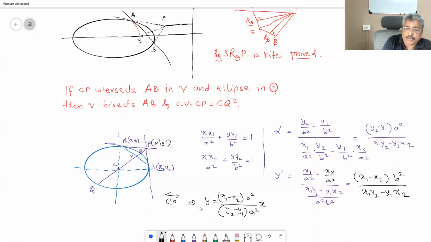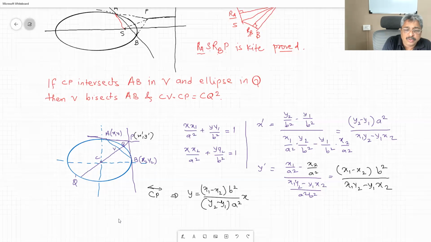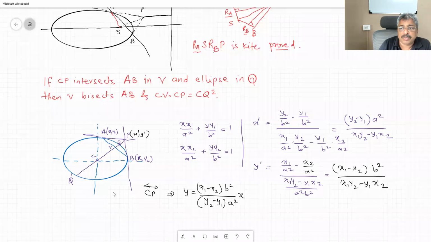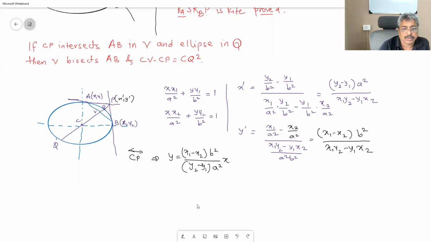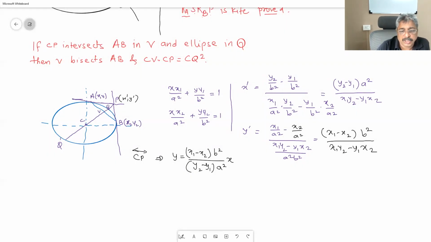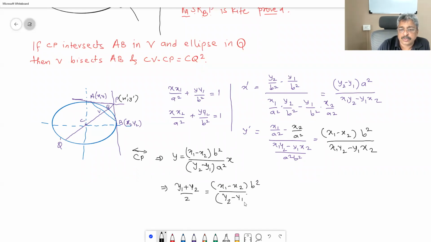Now you will have to check whether the midpoint satisfies this or not. The midpoint is x1 plus x2 by 2 and y1 plus y2 by 2. So is y1 plus y2 upon 2 equal to x1 minus x2 upon y2 minus y1 times b square upon a square into x1 plus x2 upon 2?